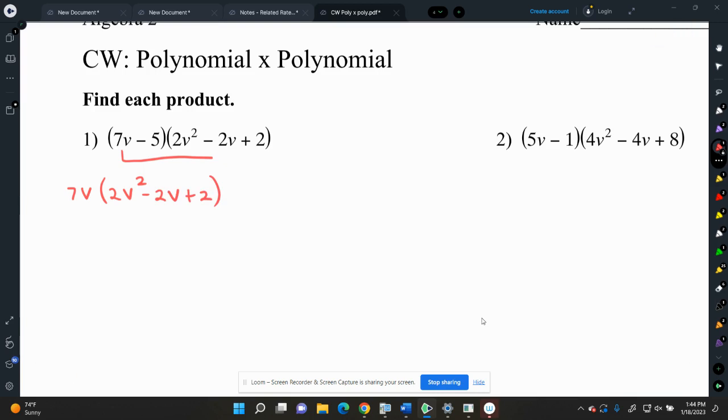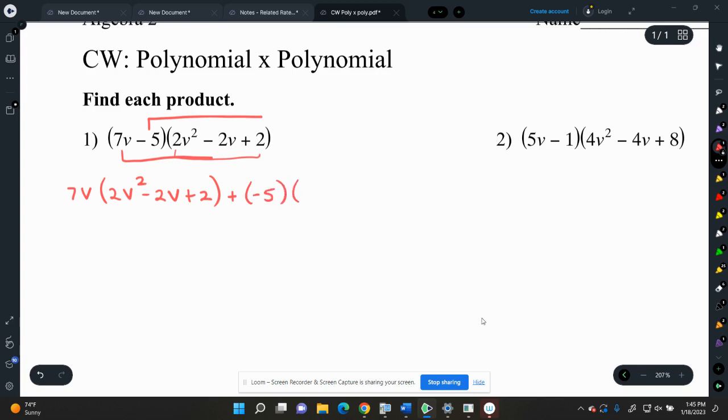You take the first term and distribute it over the entire parenthesis. Then we're going to take the second term and distribute it over the entire parenthesis. So we're going to do plus negative 5, because it's a minus 5, times 2v squared minus 2v plus 2.